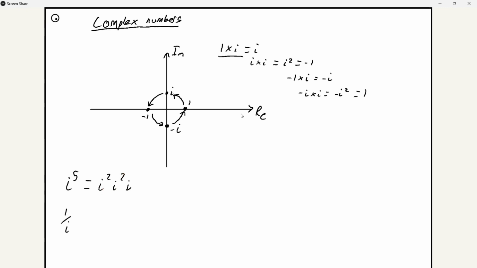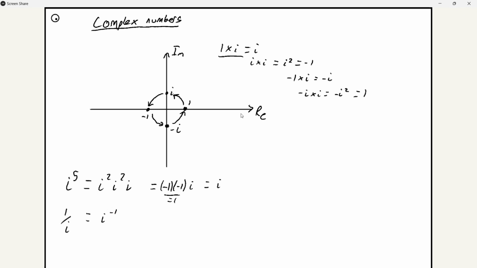We know what i squared is right off the top of our head. We've got minus 1 times minus 1, which is just 1, and then times i. So i to the 5 equals i. Now 1 over i is the same as i to the minus 1.